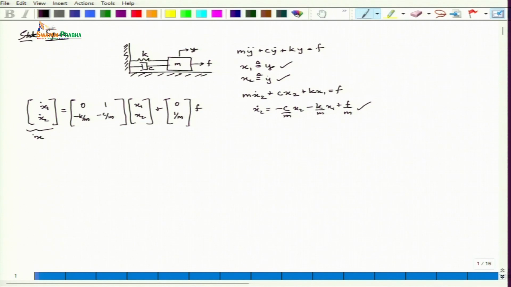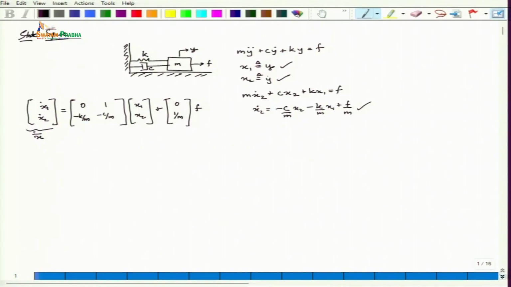So this is x. This bar denotes that it is a vector. So we are taking the derivative of this state vector x. This matrix we denote as A. The double bar denotes that it is a matrix. Then we have this x bar, that is the state vector, and here we have B bar.